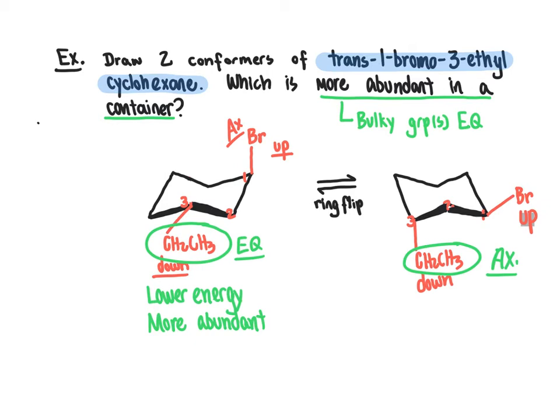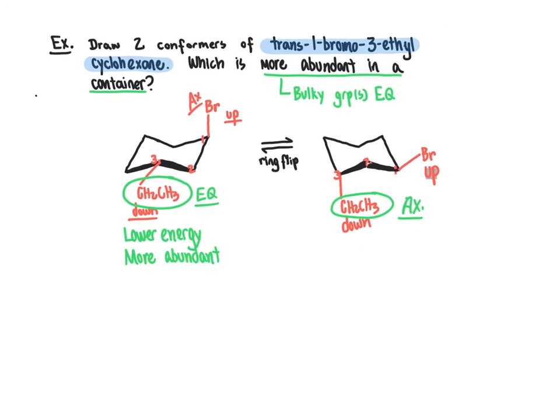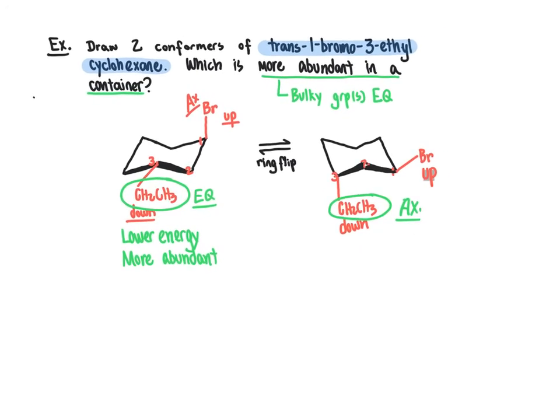Now we can take this a step further, and we can ask ourselves to draw the two conformers of cis-1-bromo-3-ethylcyclohexane and ask of those two structures which is going to be more abundant within a container. So what I'm going to do is come down here below and add to this problem by drawing the same problem here, draw two conformers, except we're going to do cis this time.